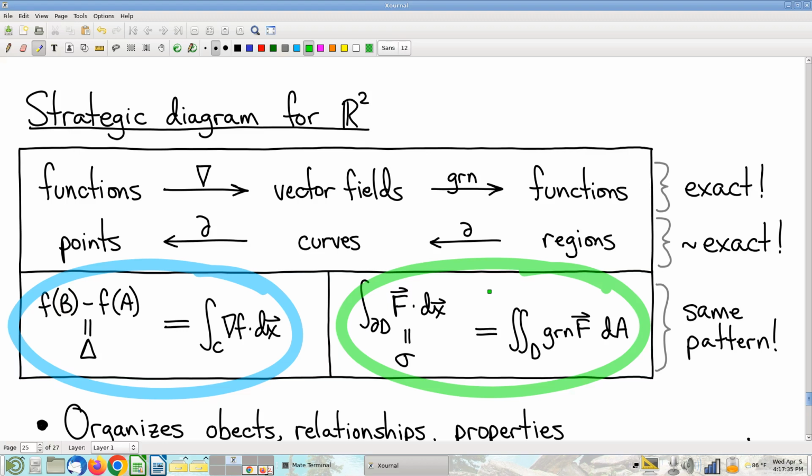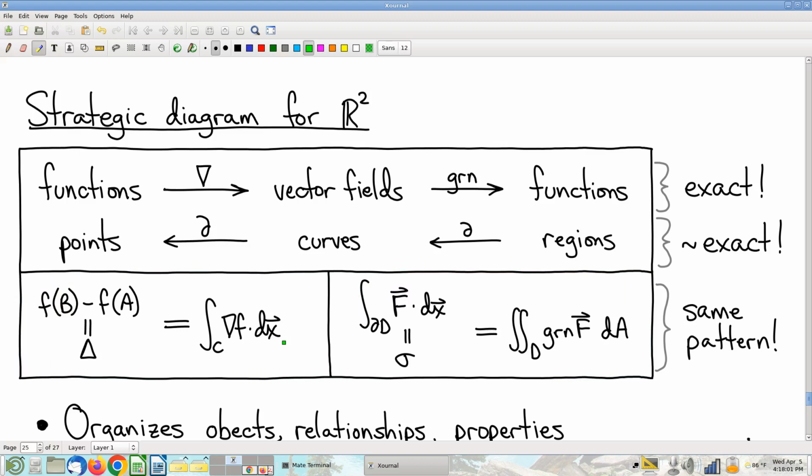Both of these theorems, completely different looking, are actually special cases of the generalized Stokes' theorem, which is too abstract to state in this course. But as a result of them being special cases of the same theorem, they're really kind of the same theorem, just in different contexts. They lay out very similarly on the diagram.